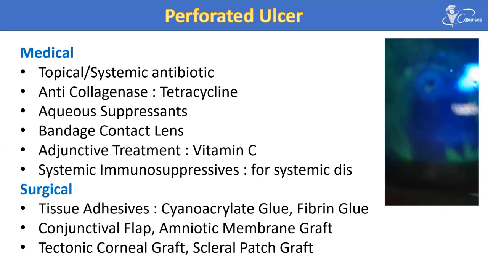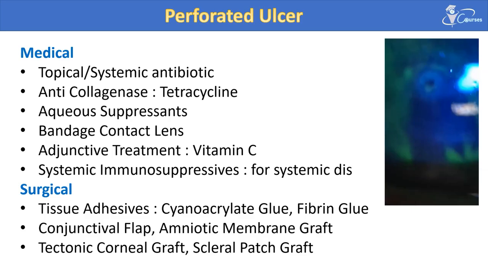But for surgical conditions, or if there is a perforated ulcer, then we have other surgical options, especially if the ulcer is large or more central. For a small peripheral ulcer, we can observe the patient, as sometimes the iris will plug the perforation, so we don't need to intervene in every case.